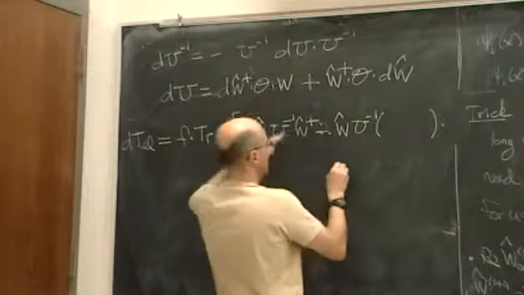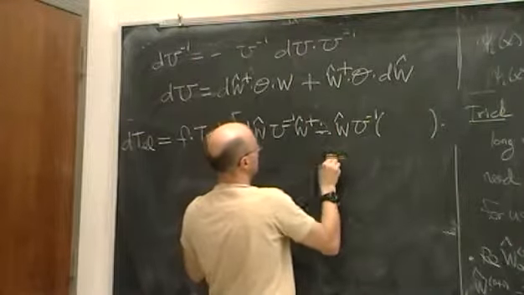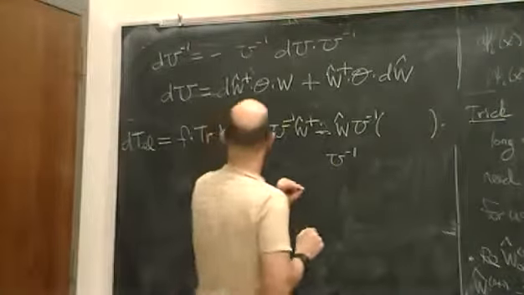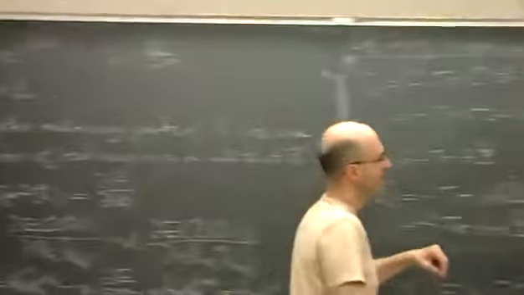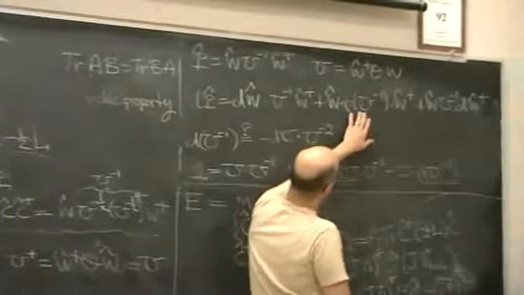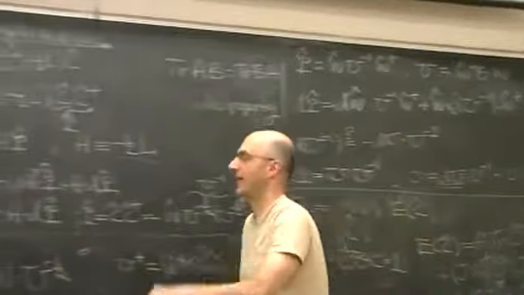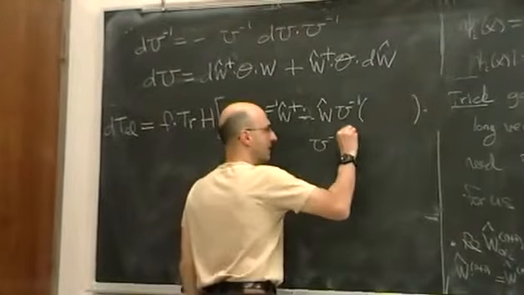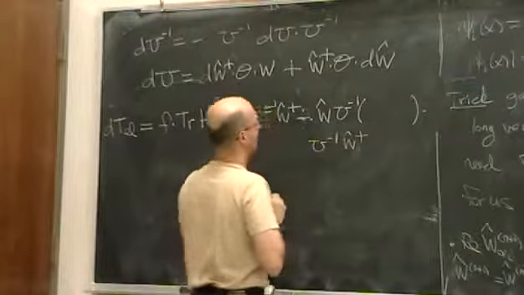And then there's going to be a U inverse, which gives me my dU inverse, which had to be followed by W dagger. This may look messy now, but it's going to all turn out okay in the end.